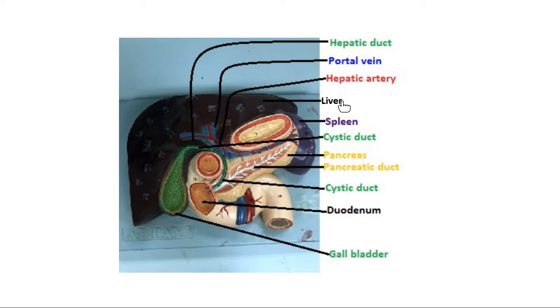Then the inferior relations of the liver. Mention 4 inferior structures related to this organ. You should write what structures are related to the liver. You got my point?